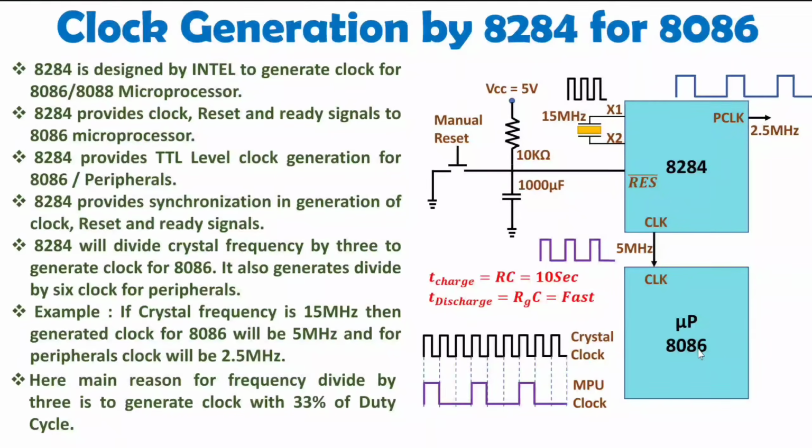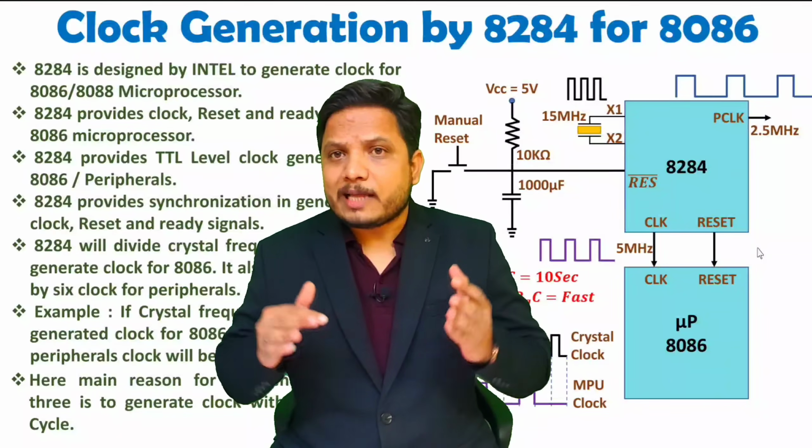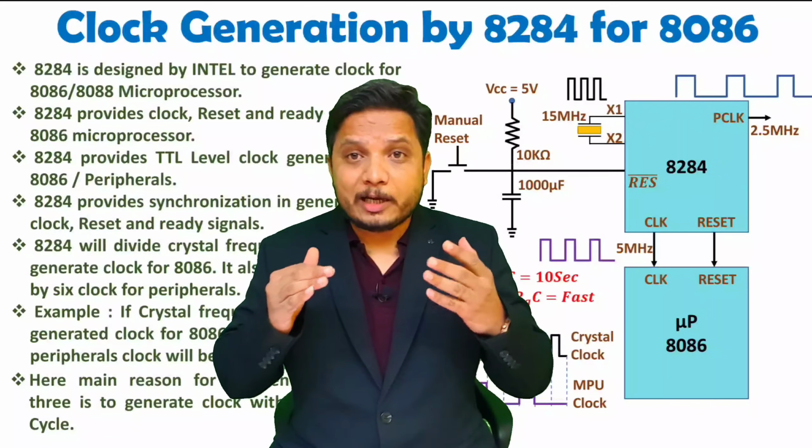And there is one more issue that we need to resolve, that is reset synchronization. Whatever reset we generate, we also give it to the peripherals. So reset synchronization will happen. If you press this switch, then reset will get generated over here, and that is also given to other peripherals. So the entire system will get reset at the same time, right? So these are the issues that we want to resolve by using the 8284 IC.